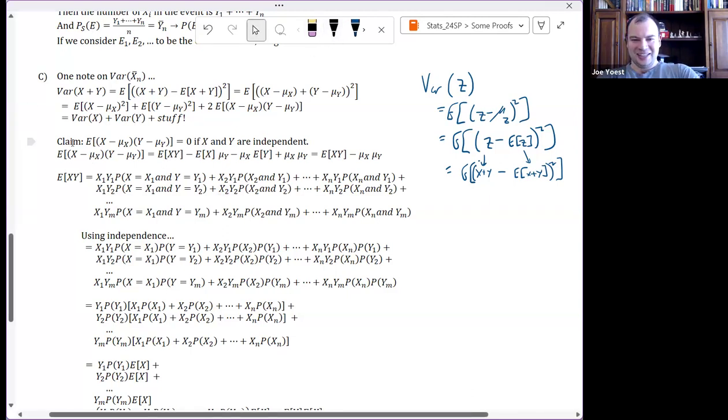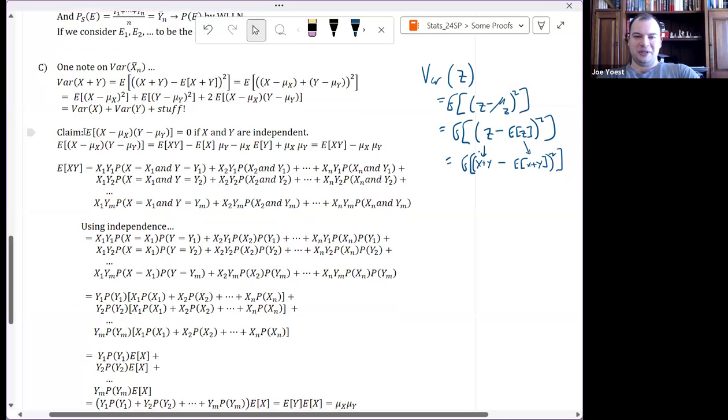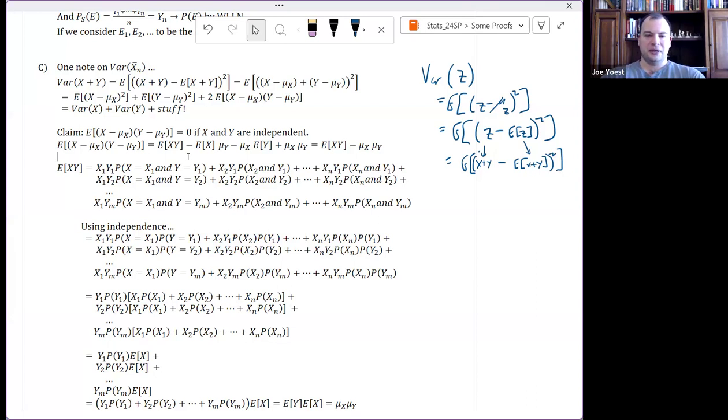But anyway, the claim is that the expected value of x minus mu x times y minus mu y equals 0 if x and y are independent. Now, when we want to prove a claim, we want to look at what tools are available to us.